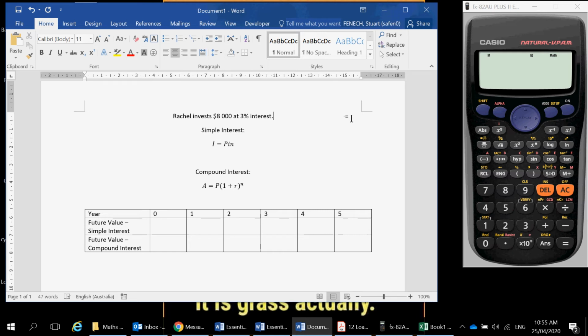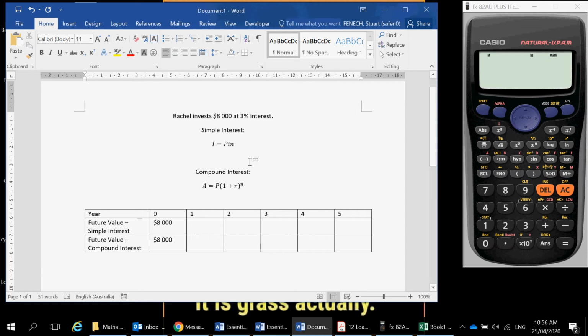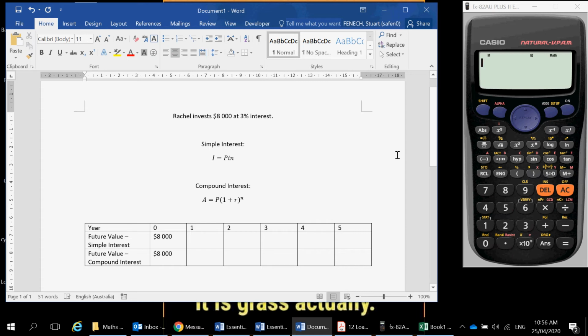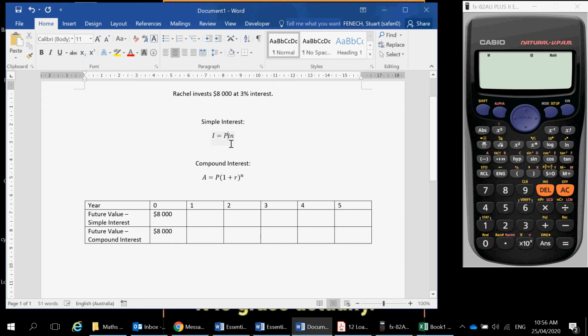You can see my table there. I'm going to follow it for the first 5 years. Year 0 is the starting value. So there we go, $8,000 to start with. And in each case for these formulas, you see the different variables there.